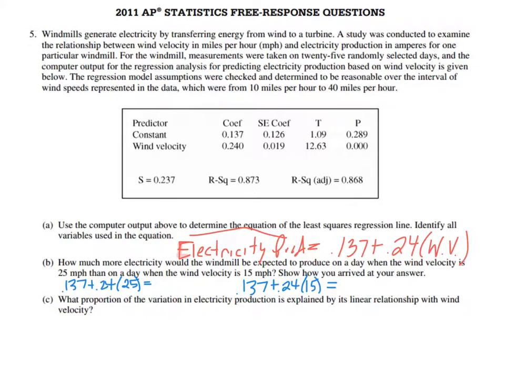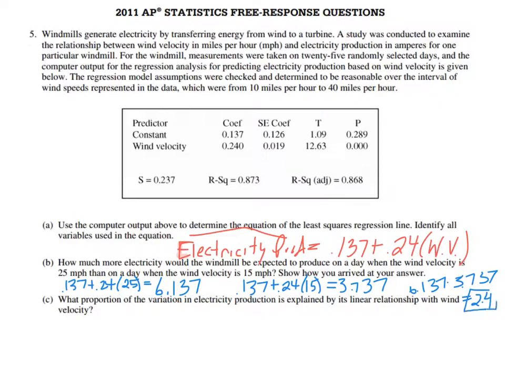And then we can find the difference. All right. So the answers are 6.137 for this and 3.737 for this. So if you do the difference, 6.137 minus 3.737, that gives you 2.4.